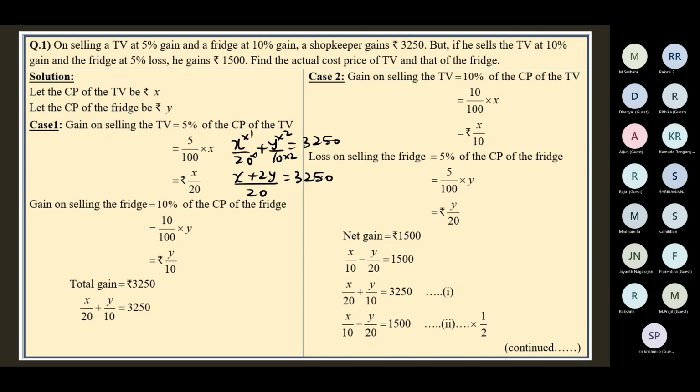Is this correct? Yes, ma'am. Now cross multiply. What will you get? X plus 2y is equal to multiply these two numbers. 325 into 2 is 650, and then 2 more zeros. This is the first equation. Is that okay? Fine.